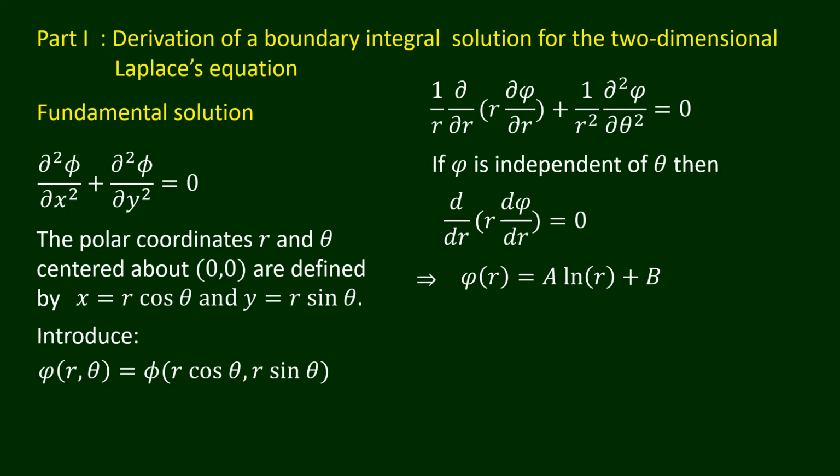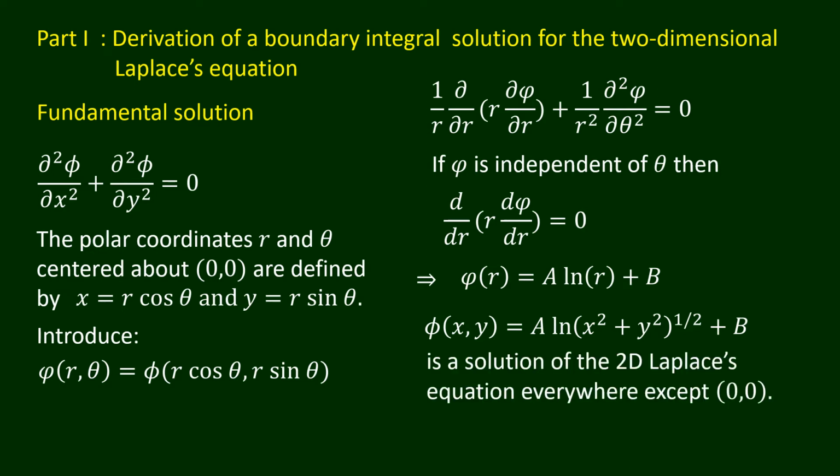Hence, φ(x,y) = a ln (x² + y²)^(1/2) + b is a solution of the two-dimensional Laplace's equation everywhere, except the point (0, 0).